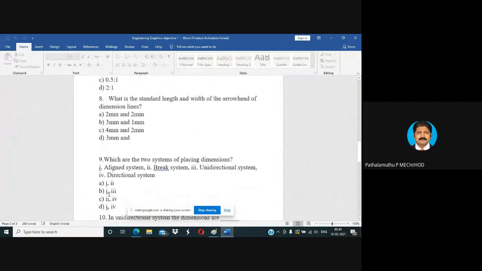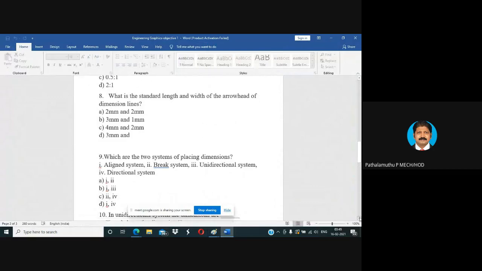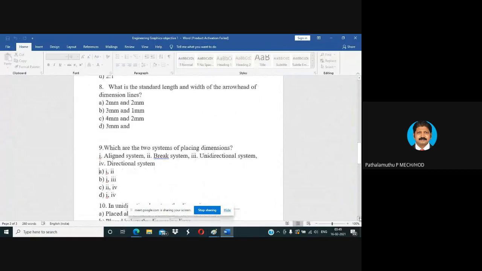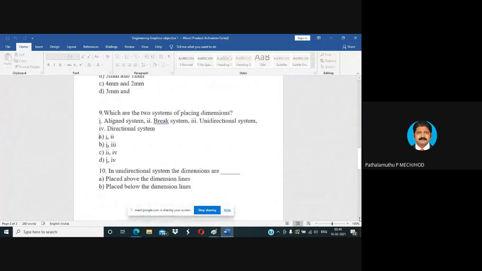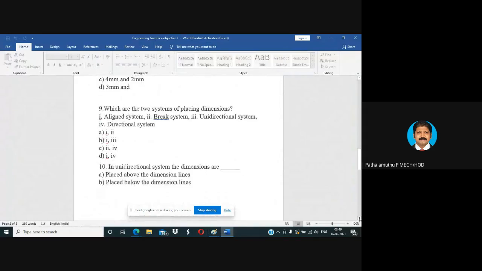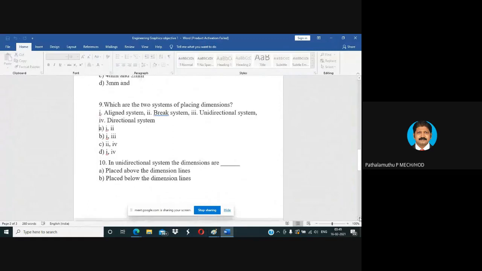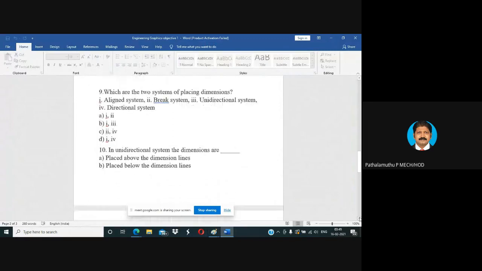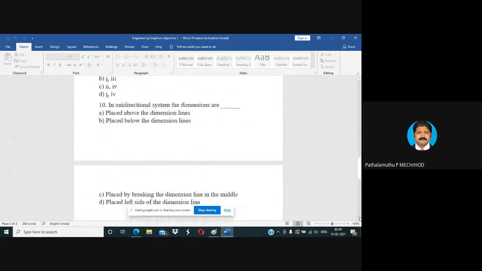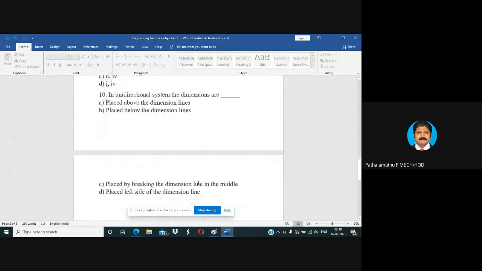Next question: in the unidirectional system, the dimension is placed in the middle of the dimension line, by breaking the dimension line in the middle. So option C is correct for the 10th question.